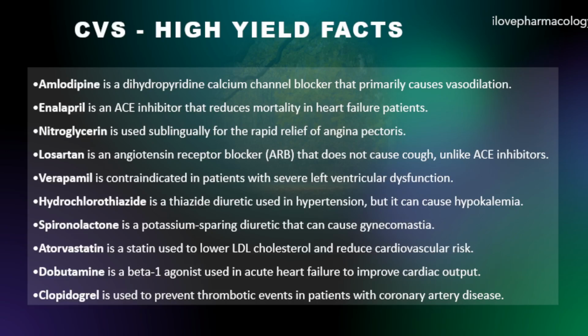Atorvastatin is a statin used to lower LDL cholesterol and reduce cardiovascular risk. Dobutamine, which is a beta 1 agonist, is used for treatment of acute heart failure to improve cardiac output. Clopidogrel is an antiplatelet drug used to prevent thrombotic events in patients with coronary artery disease.